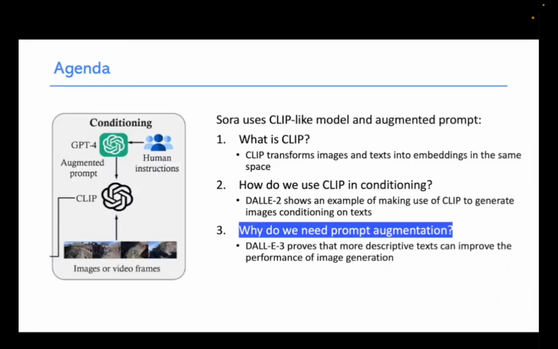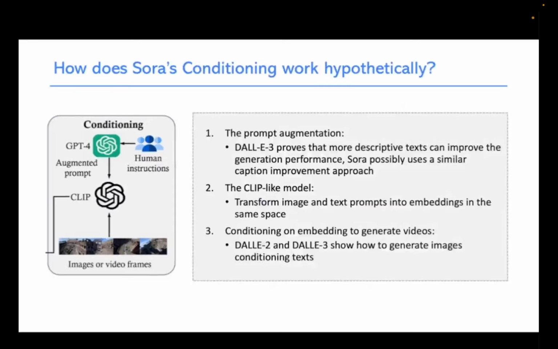So why do we need prompt augmentation? It's because DALL-E 3 proves that more descriptive text can improve the performance of image generation. To combine all those dots together, first we input human instructions or images, and we use prompt augmentation to augment the prompts, because DALL-E 3 proves that more descriptive text can improve generation performance.